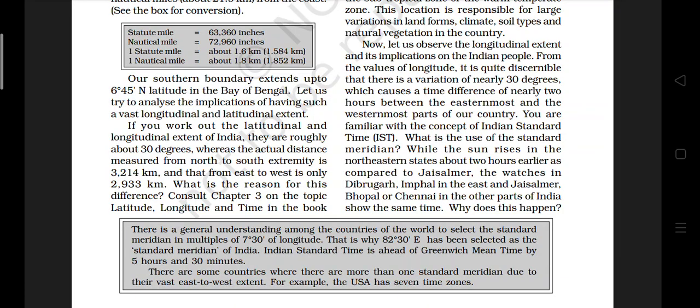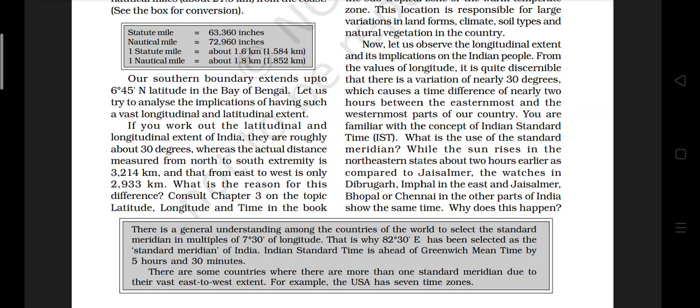Let us try to analyze the implication of having such a vast longitudinal and latitudinal extent. If you work out the latitudinal and longitudinal extent of India, they are roughly about 30 degrees, whereas the actual distance measured from north to south extremity is 3,214 km and that from east to west is only 2,933 km.